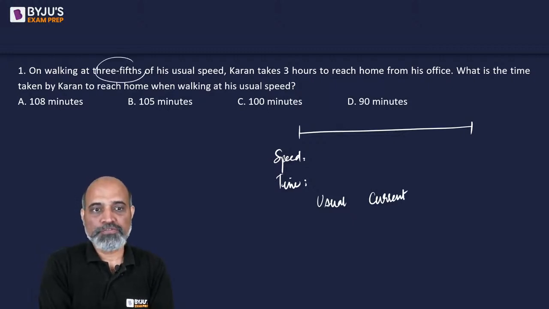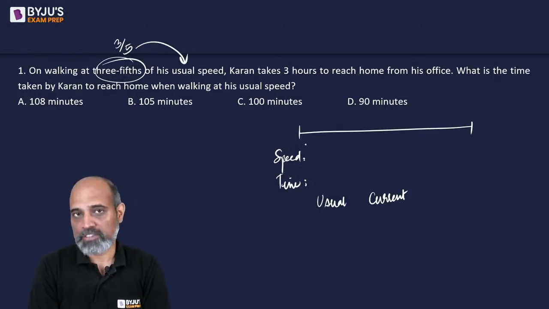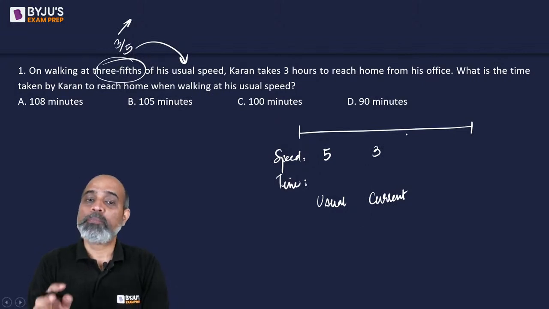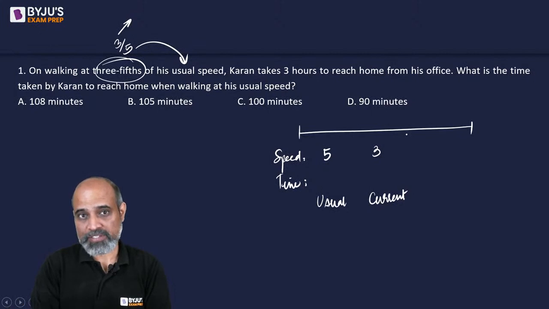So from 3/5, this fraction, the denominator becomes its usual speed. That's how you deal with fractions. So his usual speed is 5, okay, and his current speed becomes the numerator. So this is 3. So on both the scenarios, usual and current, he's going to cover the same distance, right?